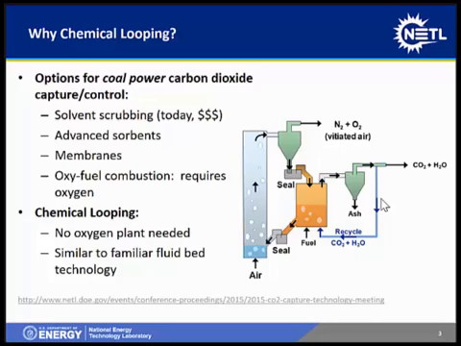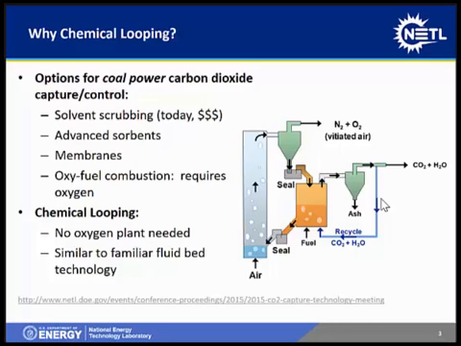Okay, what a chemical looping reactor does, air is injected into a column where it is mixed with oxygen carrier particles. Those oxygen carrier particles are transported into a fuel reactor without having the air mix with the fuel reactor environment.